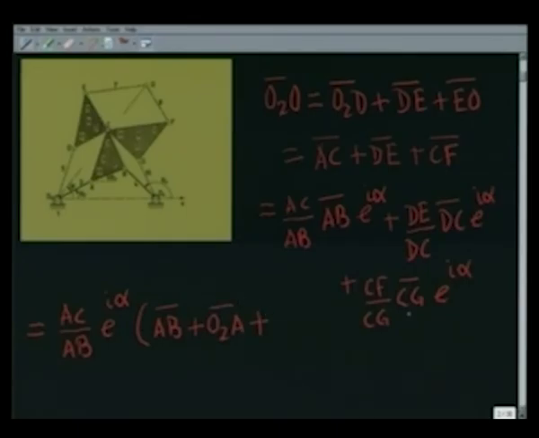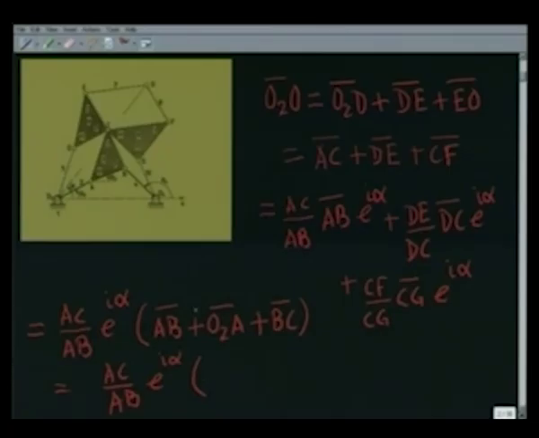That leaves me with this vector CG, which is the same as BC, because CG and BC are of equal length and they remain parallel. So, I write this as BC, which means the vector O2O finally comes out as AC by AB e to the power i alpha.